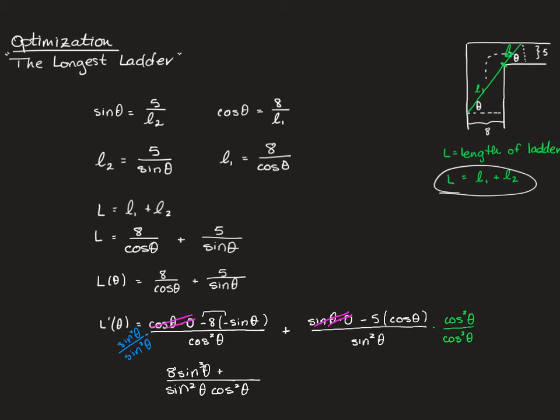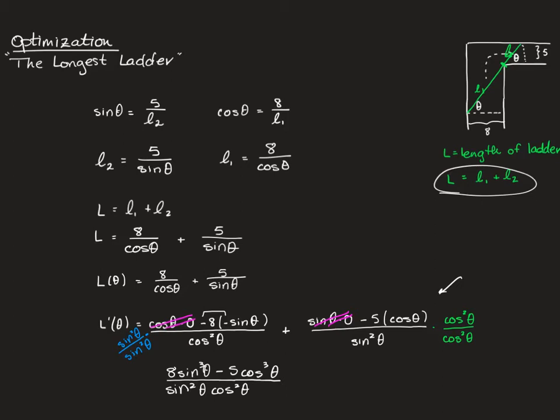And to that I'm going to add cosine squared times negative cosine squared, which is minus 5 cosine cubed of theta.